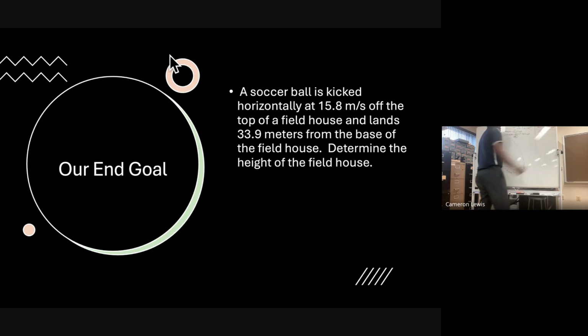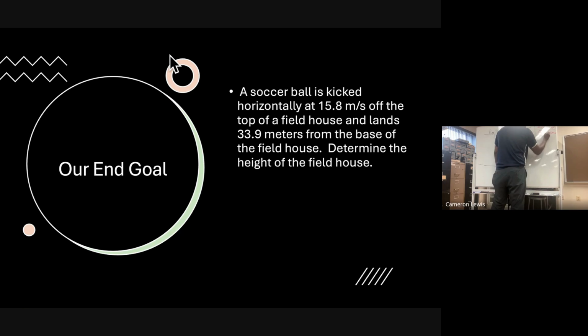We know the initial velocity in the y is equal to 0. So let me put the 0 right here times delta t. Then we got 1/2, and then we know our acceleration in the y is equal to 9.8, which is gravity, times delta t squared.